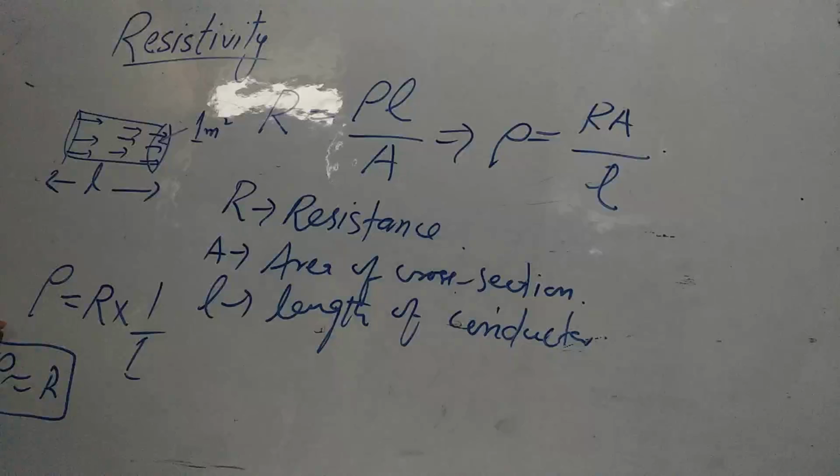What's rho? Rho is the electrical resistivity, and R is resistance. There is a difference between resistivity and resistance. Resistance is the property of the conductor which resists the flow of electric current through it.